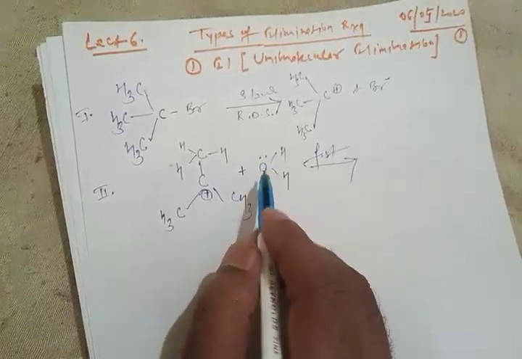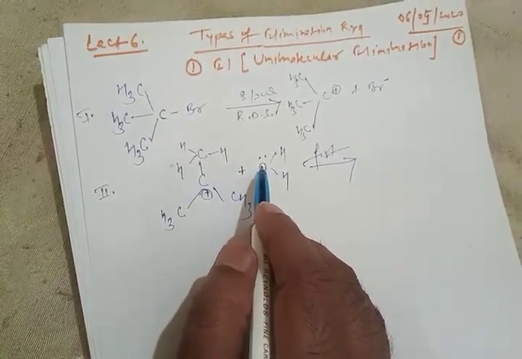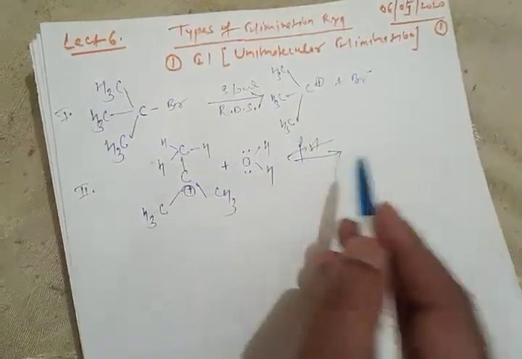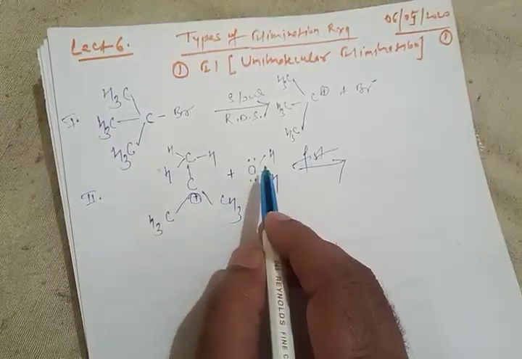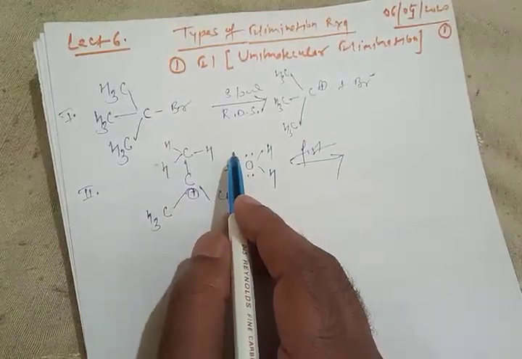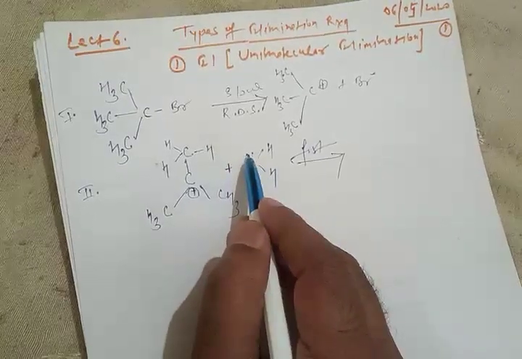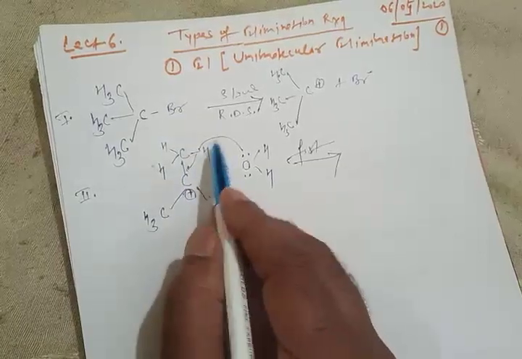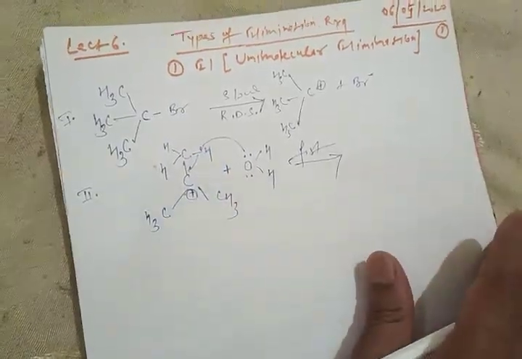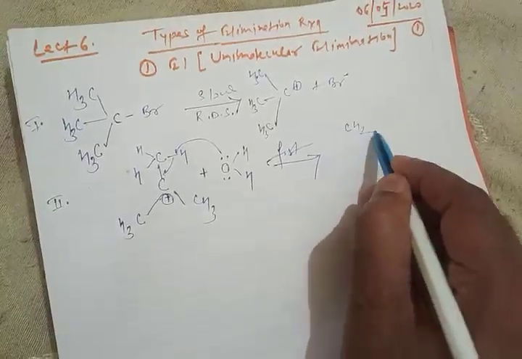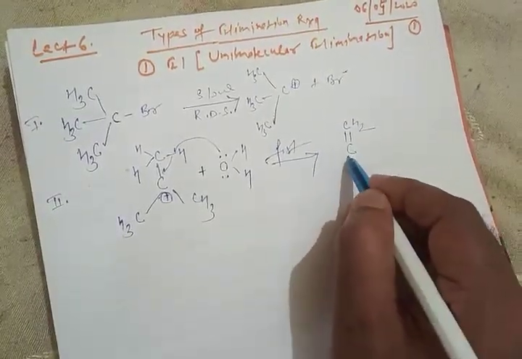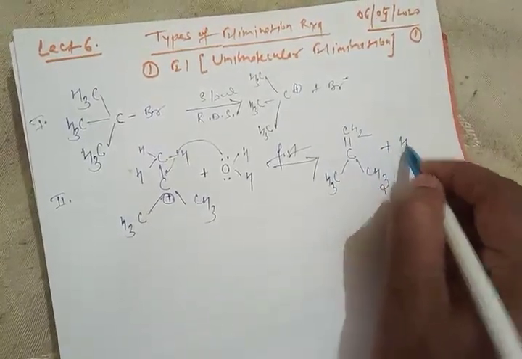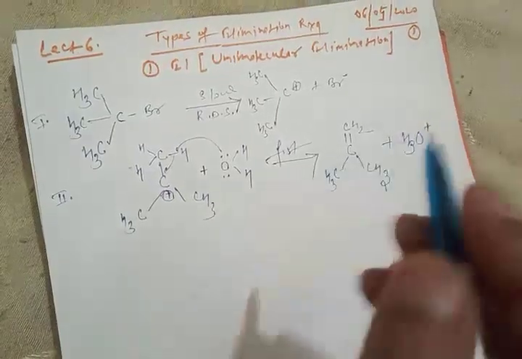We know that elimination is the elimination of a particular group. Substitution is the substitution of a nucleophile by another nucleophile, but here one of the groups will be eliminated. So this lone pair will abstract this proton, and as it abstracts this proton, we'll get CH2 with a double bond to C, then H3C and CH3, plus H3O plus here.